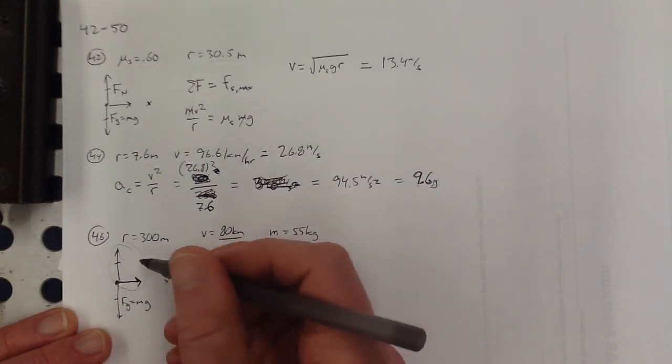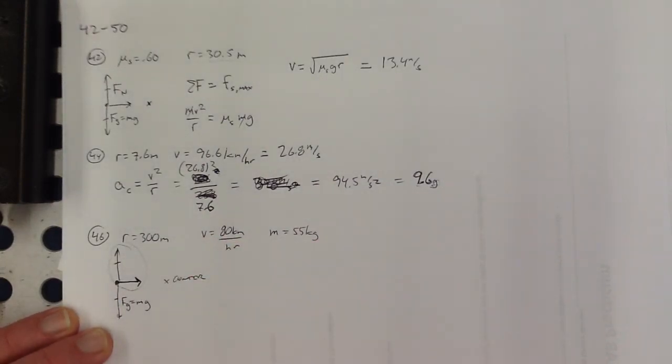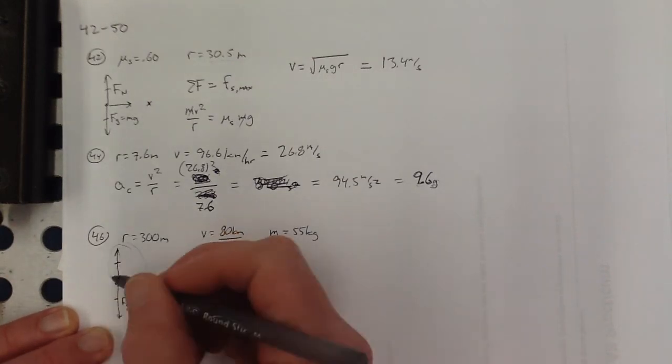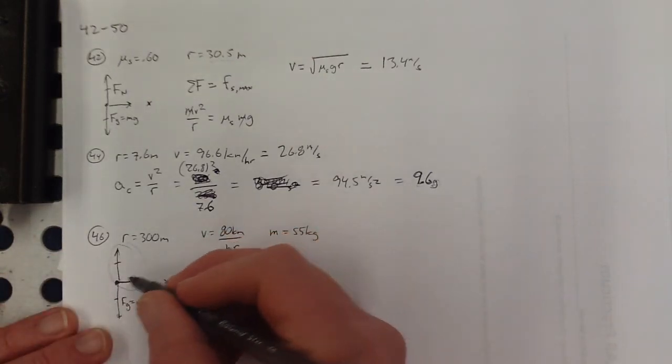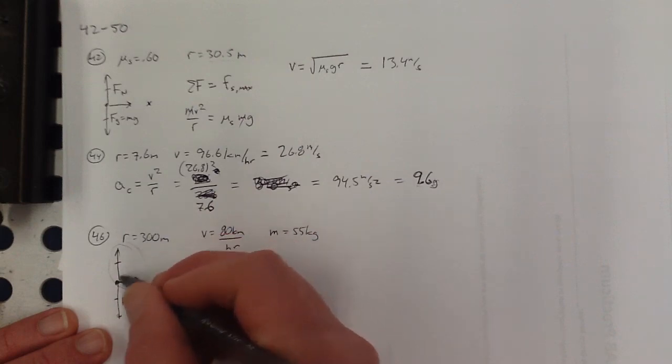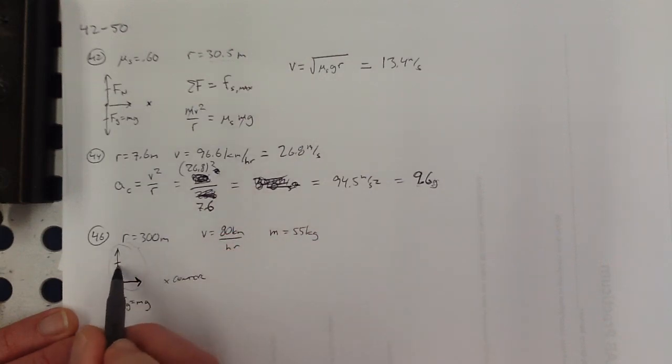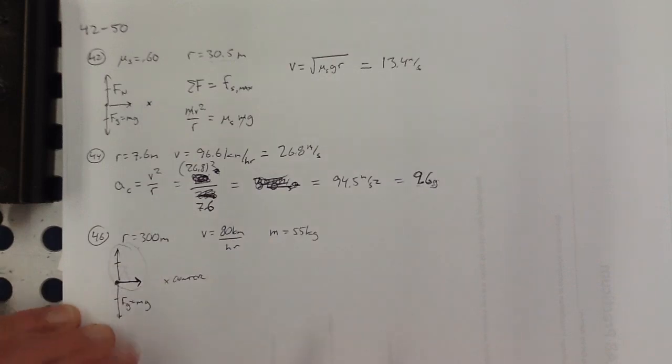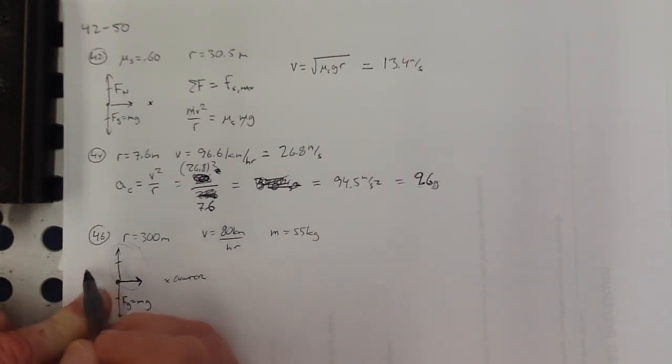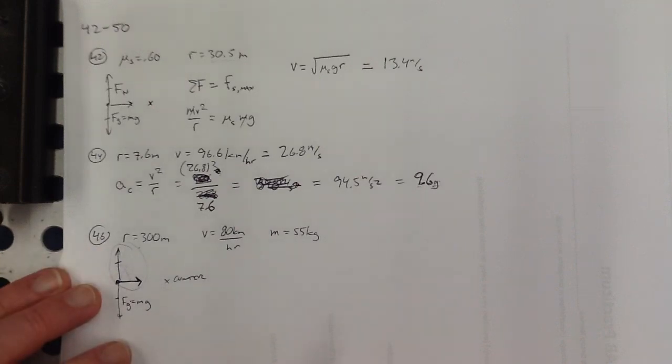So we need to find those and add them up vector style. I was looking at whether she's turning right or left, but it doesn't matter, because when I add these two together, the angle relative to vertical, this angle right here that they're looking for, would be the same regardless of which side we put it on.